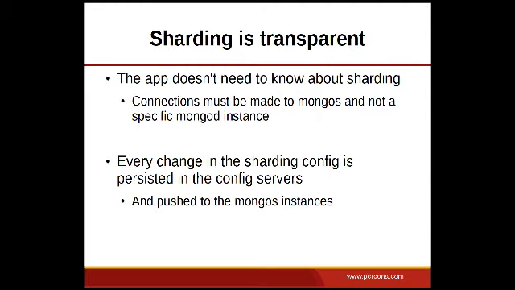And then the second thing is that sharding is transparent. The application doesn't need to know about sharding. The application simply needs to connect to MongoS, and that's all. Each time there's a change in the configuration of the sharding, for instance when some data chunks are rebalanced, so moved from shard 1 to shard number 3, the config servers will be updated.